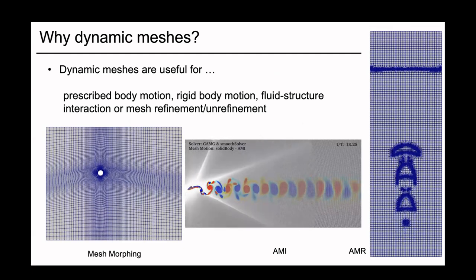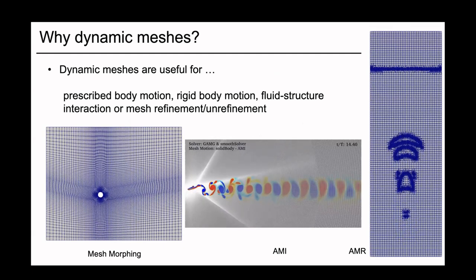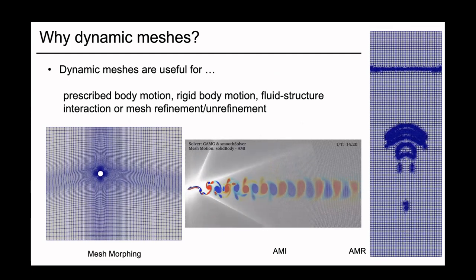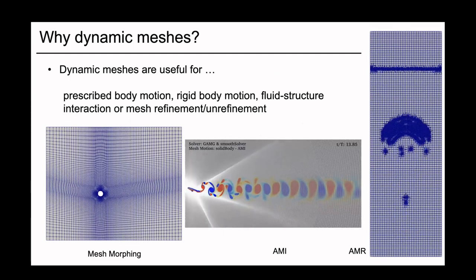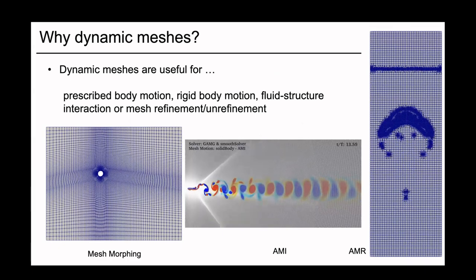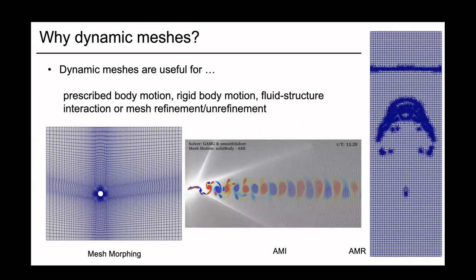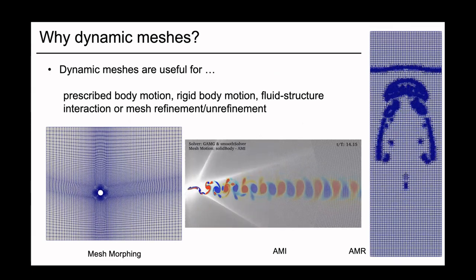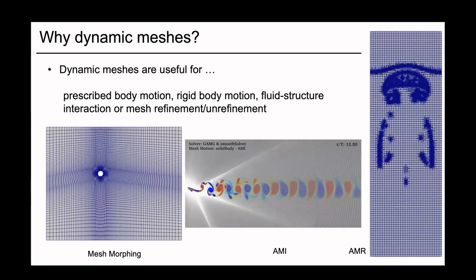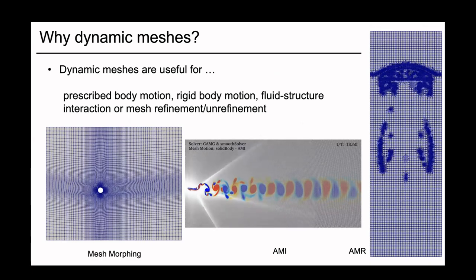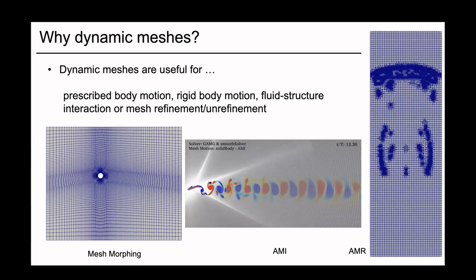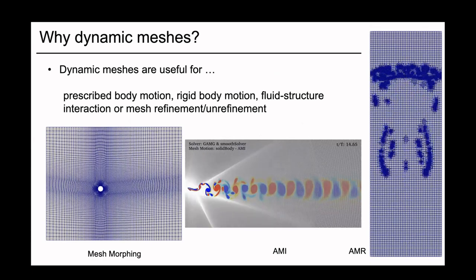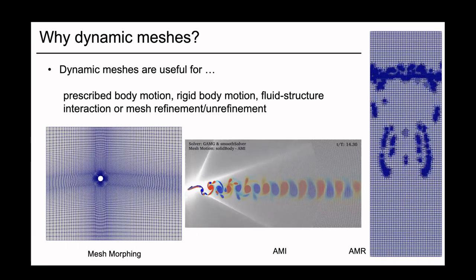Dynamic meshes are useful for simulating prescribed body motion. For example, in the first example, a cylinder is moving with a very high amplitude and frequency, which is prescribed: you can prescribe what your amplitude of vibration and frequency should be, depending on the non-dimensional parameters.